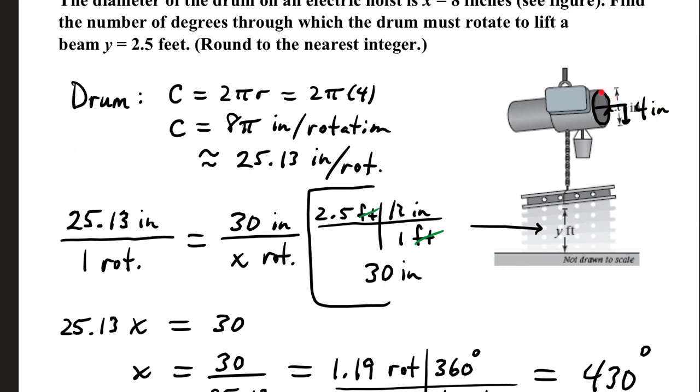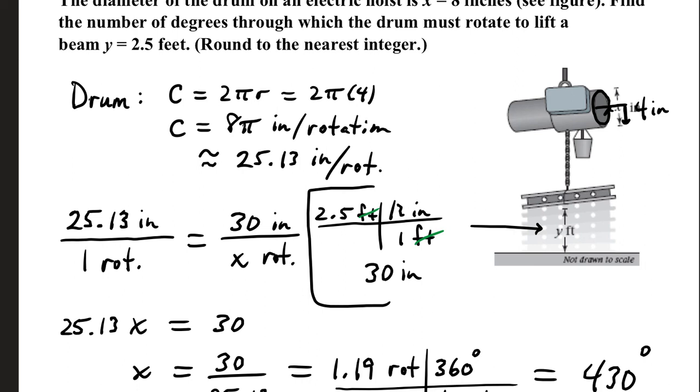When this drum makes one full rotation, it lifts 25.13 inches in that rotation. Now, how is that? 2 pi times r, 2 pi times 4, that's the radius, is 8 pi. 8 times pi is approximately 25.13 inches in one rotation.